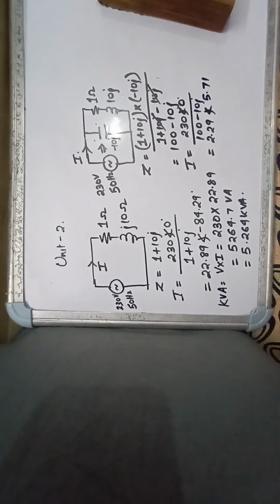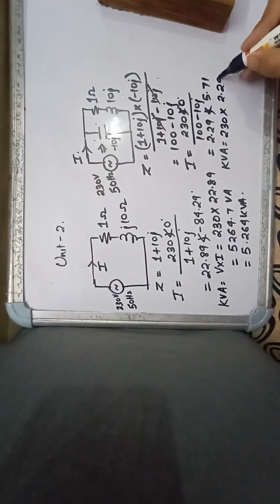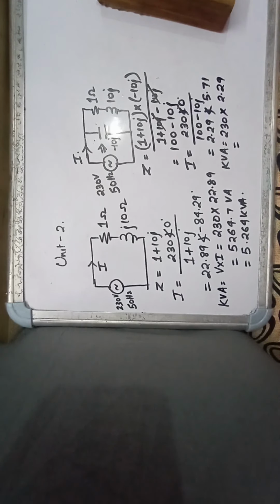And if you want to calculate the kVA, I'll just put 230 into 2.29, and that will be equal to 0.526 kVA.